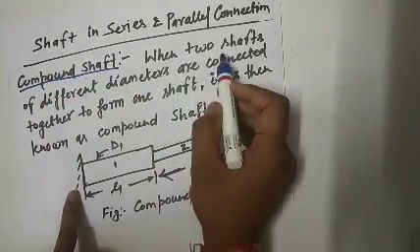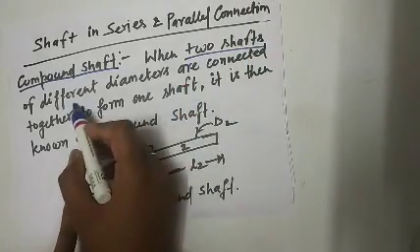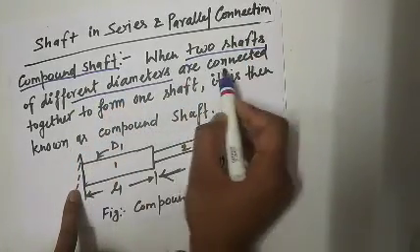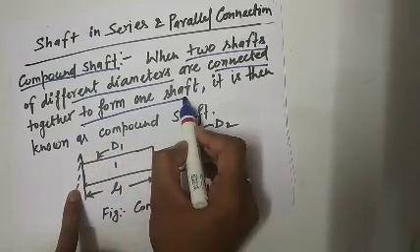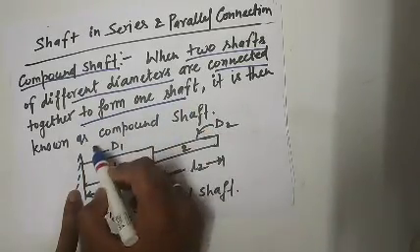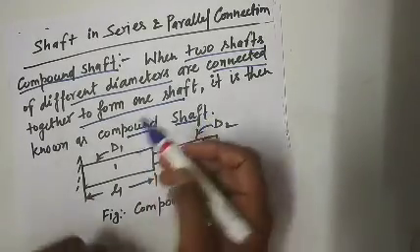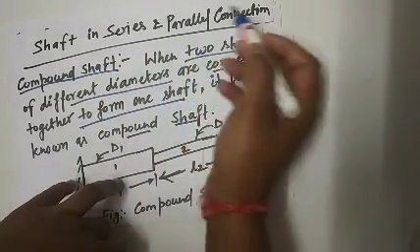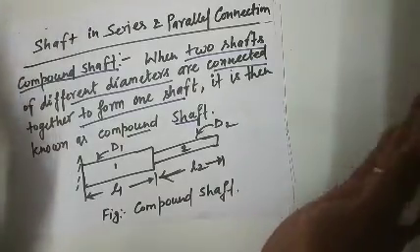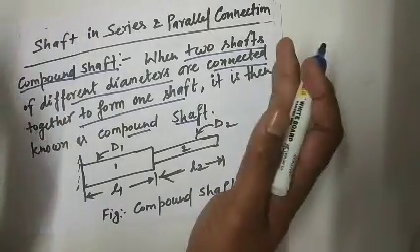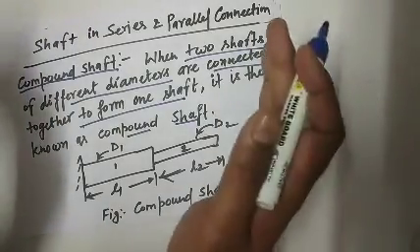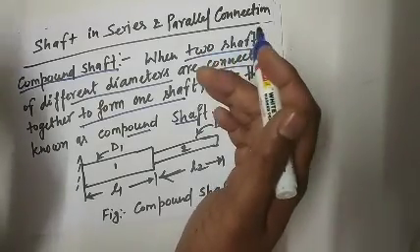When two shafts of different diameter are connected together to form one shaft, it is then known as a compound shaft. Clear? If we are talking about shafts in series and parallel connection, there will be a number of shafts connected to each other, so they will form a compound shaft. Then what is the condition for compound shaft?